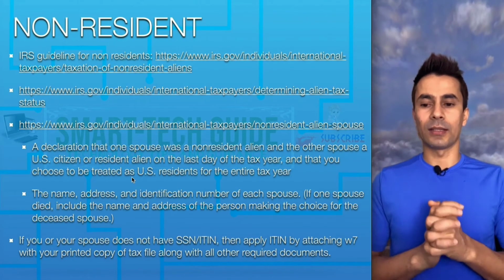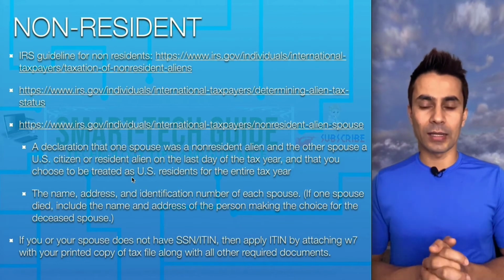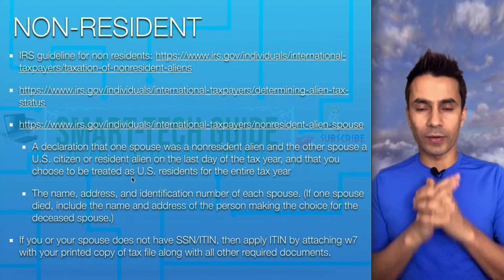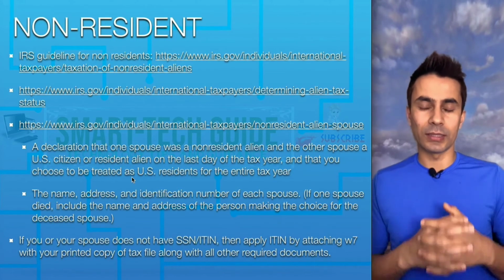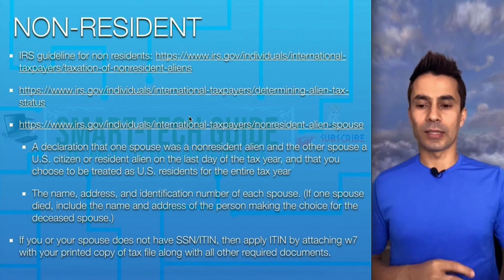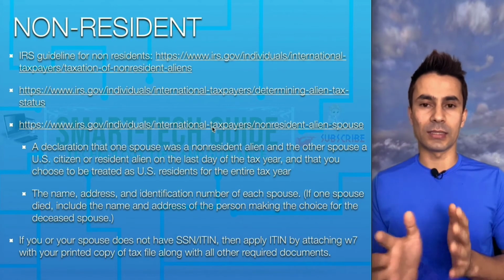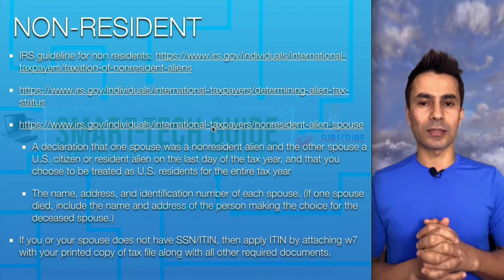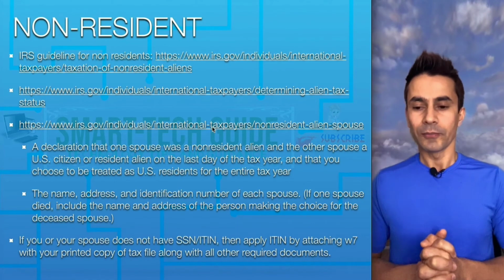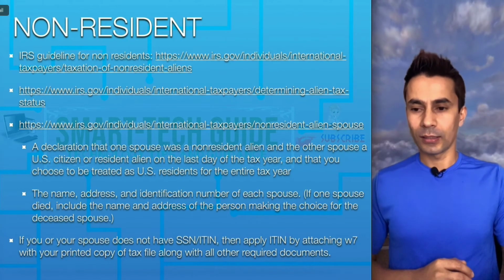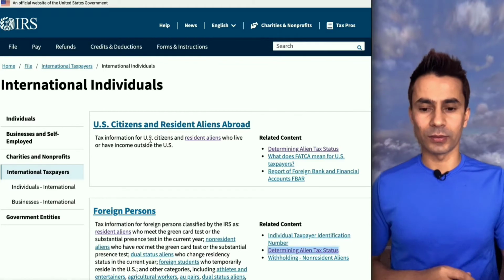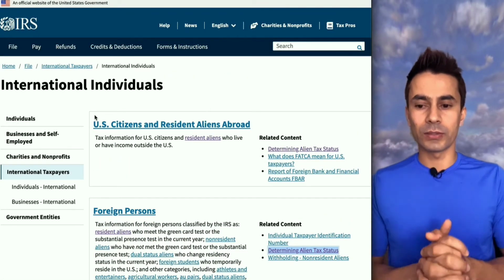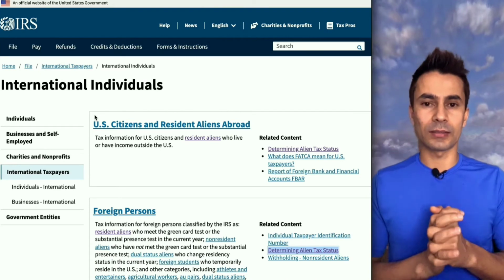For non-residents, IRS has various guidelines on who has to file the taxes and who does not need to file the taxes, and I mention these links, so go ahead and read. It's pretty straight and clearly mentioned over there. And let me go with one of the links. This is for individual international taxpayers.